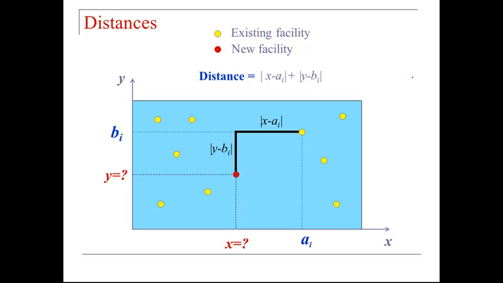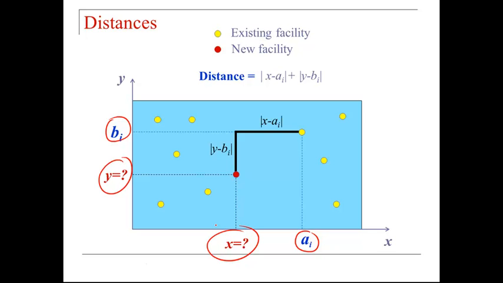Since that facility is already located, a and b are known. What we don't know is the location of the new facility. You find that location by solving the problem and finding x and y.